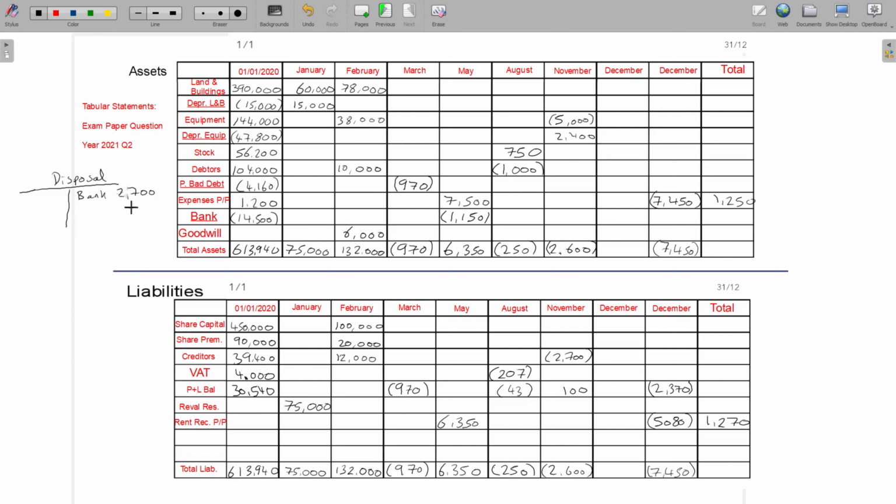Actually, it's not coming from bank, I probably shouldn't use that. I should say creditors. I might just do all T accounts. So there's going to be a few. So we have loads involved: disposal, creditors, our fixed asset of equipment, and depreciation of equipment.